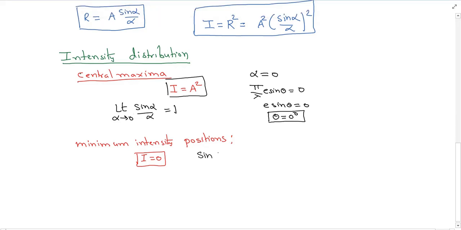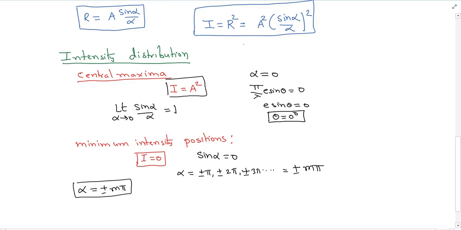So alpha is equal to plus or minus pi, plus or minus 2 pi, plus or minus 3 pi, etc. Or simply plus or minus m pi. m is an integer which is going to take the values 1, 2, 3. So alpha should become plus or minus m pi.